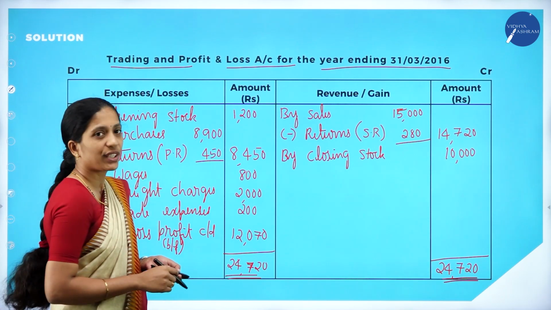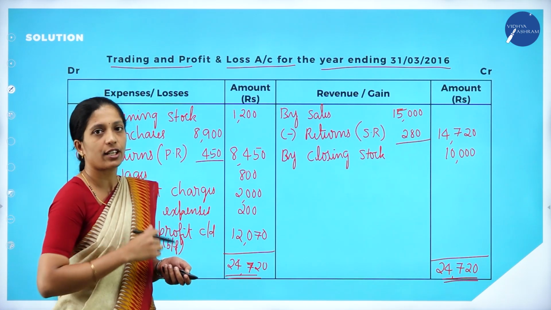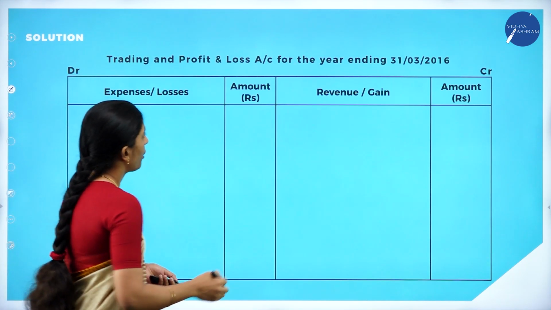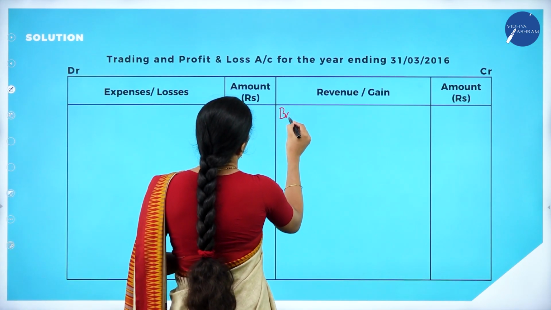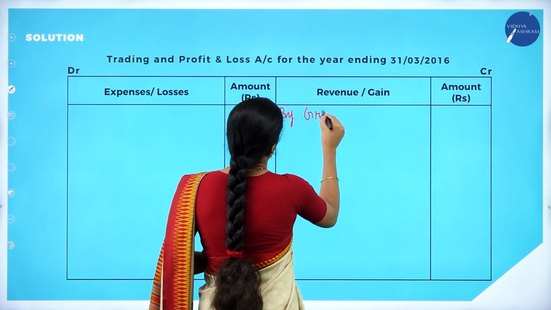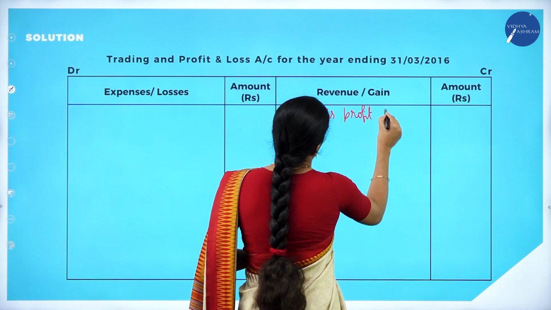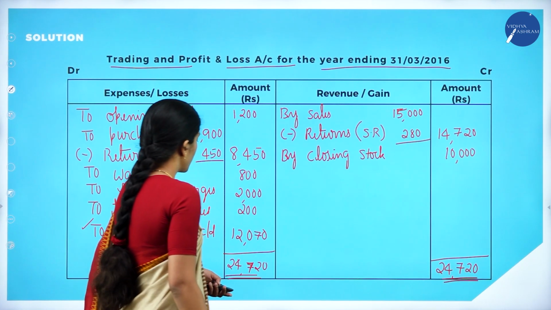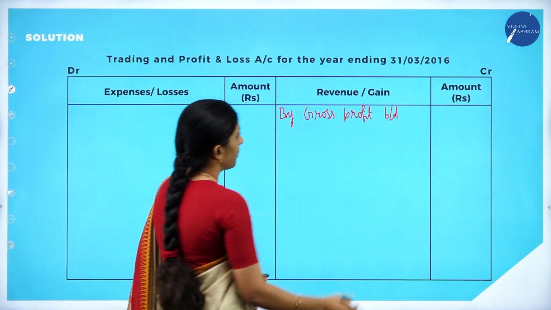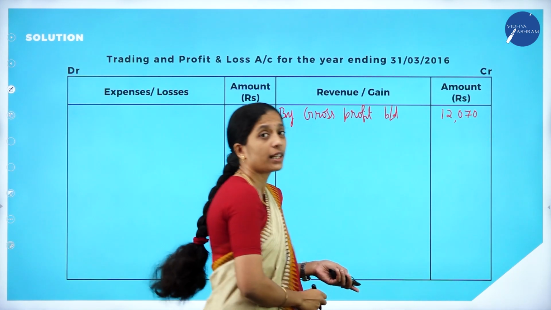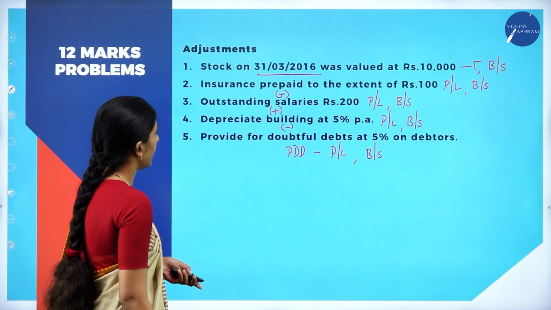Now we shall begin with your profit and loss account. It is a continuation of your trading account. So we have to take this gross profit. So how do you take? By gross profit brought down. So how much gross profit we got? 12,070. Now we have to take all the indirect expenses and income.